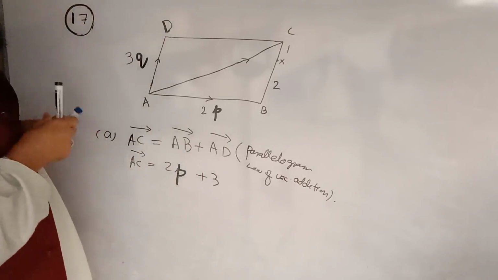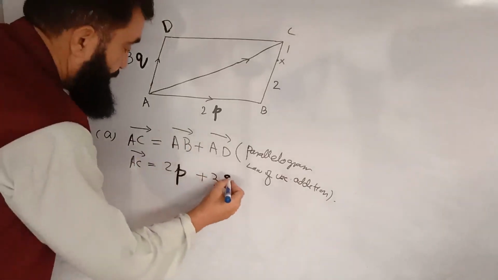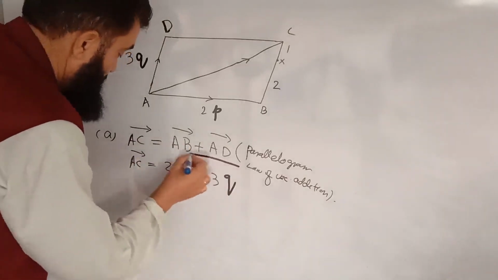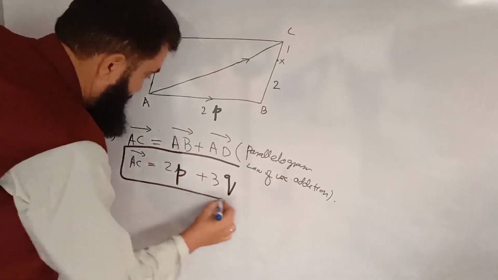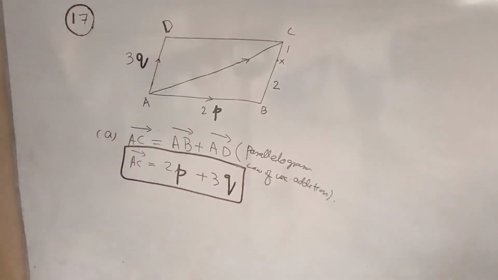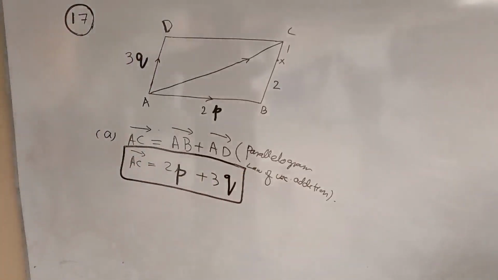So AC is 2P plus 3Q. This is the answer of part A. Clear? We have to find AC, which by the parallelogram law of vector addition equals AB plus AD. So AC is equal to 2P plus 3Q.